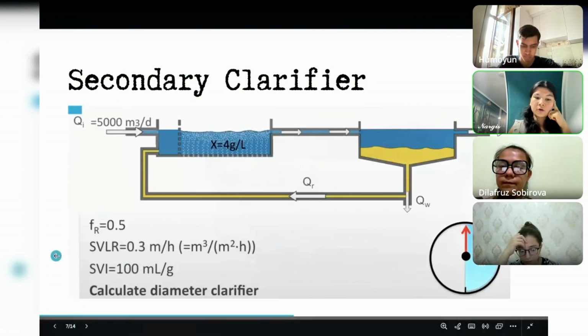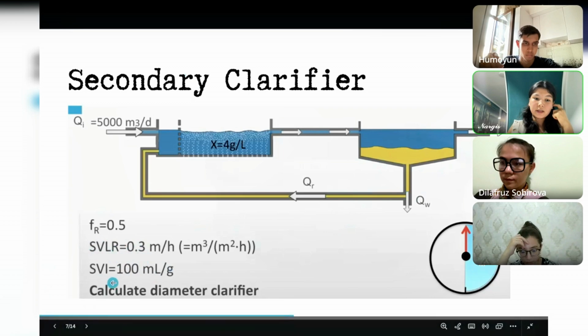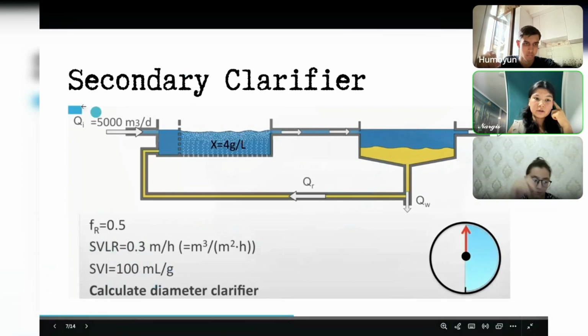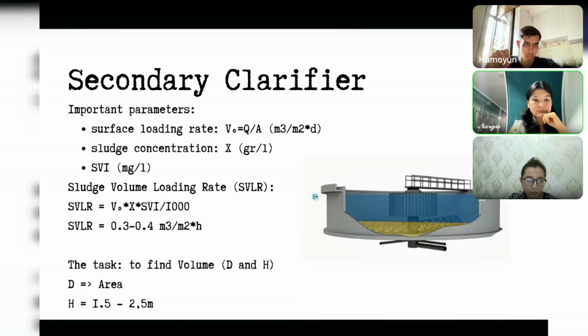So you will need to find the diameter of this clarifier, and you're given SVLR, which is 0.3, and you're given SVI, which is 100. You have the flow rate, you have the X, and will you need QR?